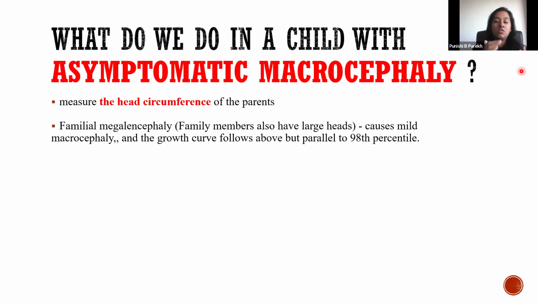But if you track this child over time, you will realize that he's following the same growth curve, although above the 97th percentile, but there is no significant increase in the size of the head from there. And of course, there are no signs and symptoms that worry you or any developmental delay. So in a case of asymptomatic macrocephaly, the first thing to do is measure the head circumference of the parents, and then obviously keep a close eye on this child.